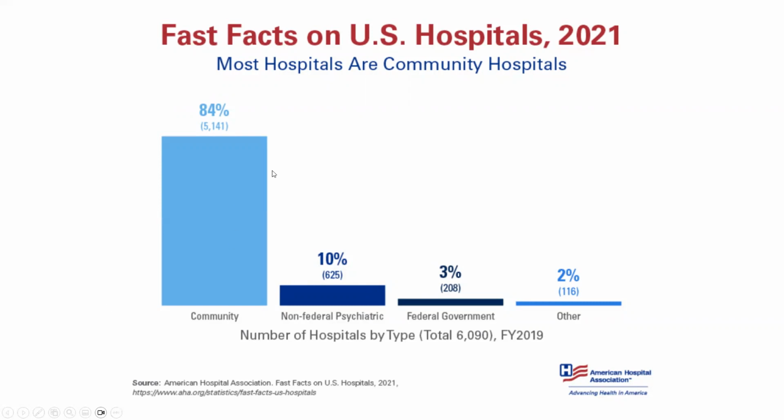So a community hospital is focused on medical issues. At a psychiatric hospital, you're admitted for a psychiatric illness. So the New Hampshire State Hospital, for example, is a psychiatric hospital. Then we had about 208 federal hospitals, and then another 116 of other flavors.